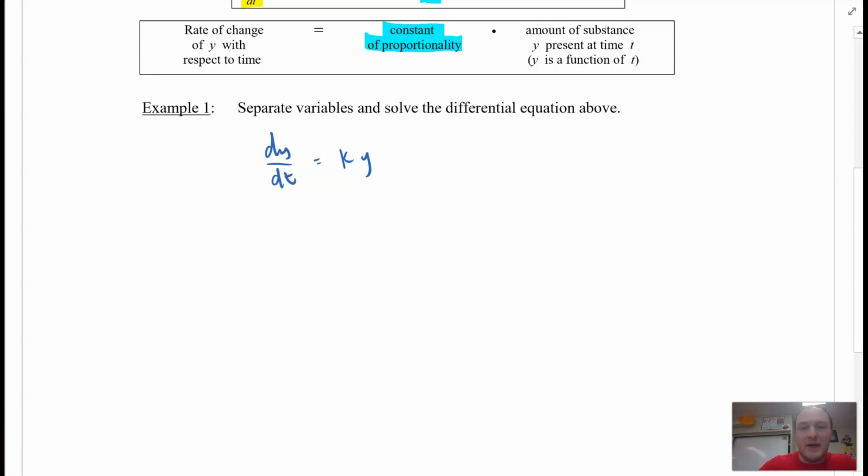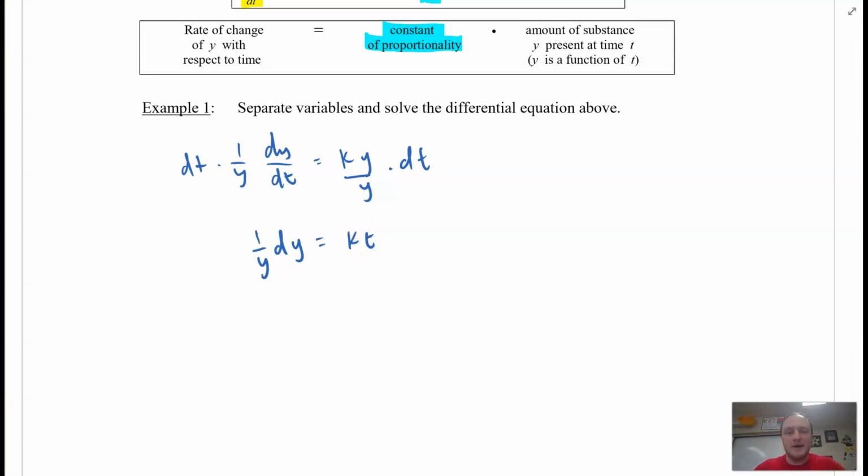So I'm going to move over y, so I'll divide both sides by y, and I will multiply both sides by dt to get 1/y dy = k dt.